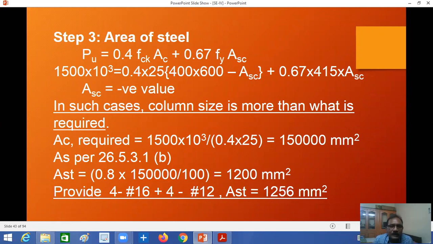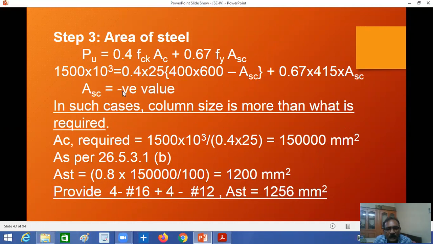And now step 3 is we have to calculate the area of steel by substituting P equal to 1500 kilonewtons, and this is 0.4 FCK into AC plus 0.67 FY ASC, where yield stress is 415 for the steel we have used. Here we got a negative value because the column size is already more, and area of compressed steel is required.